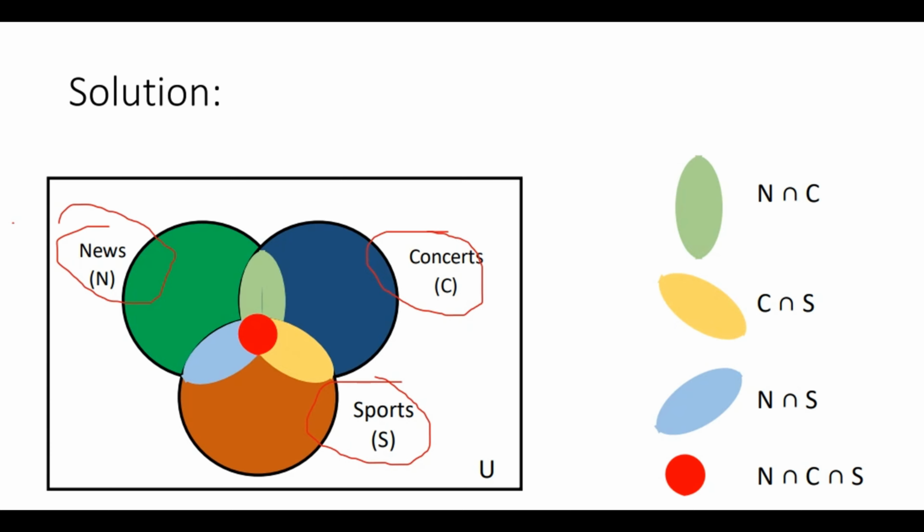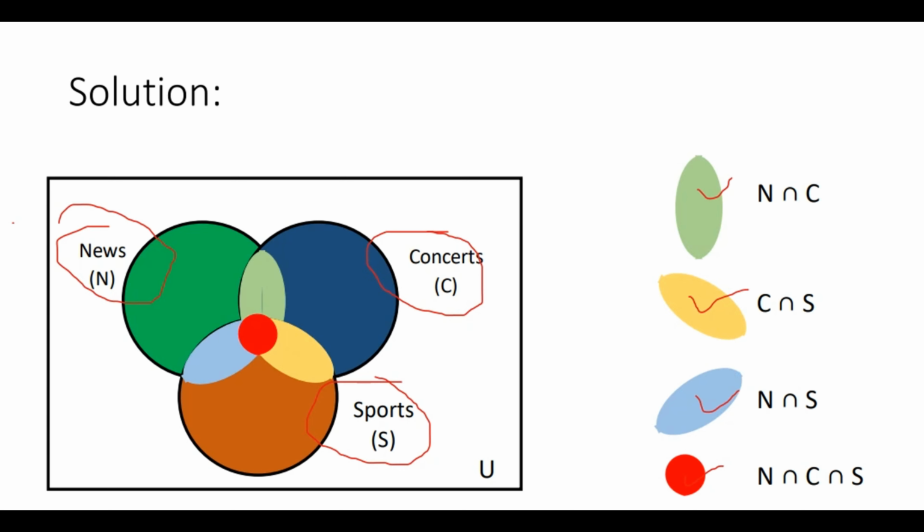Then we have the intersection for news and concerts represented in this color. Concerts and sports represented by this one. News and sports represented in this color. And the intersection of the three, news intersection concert intersection sports, is represented by red color.